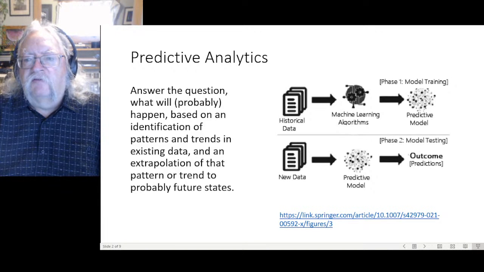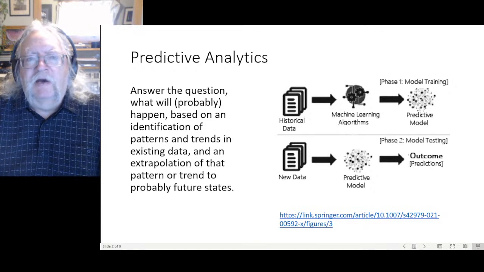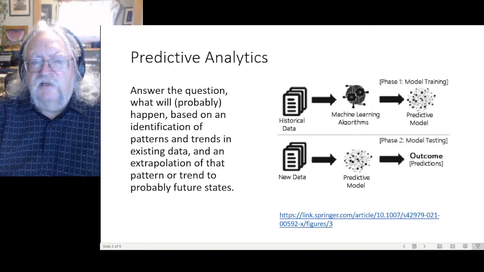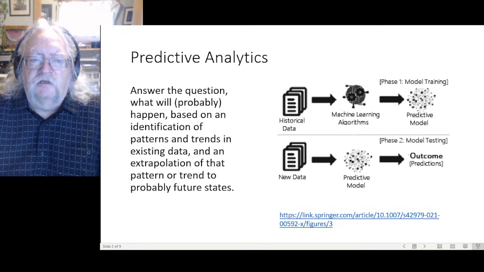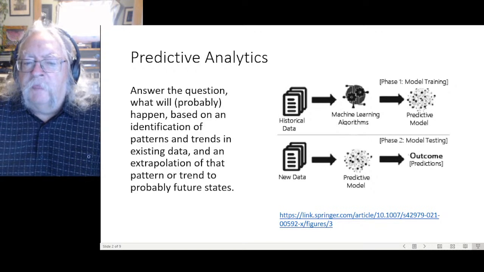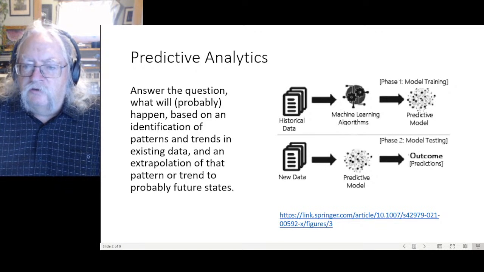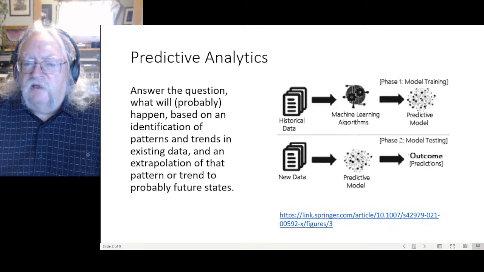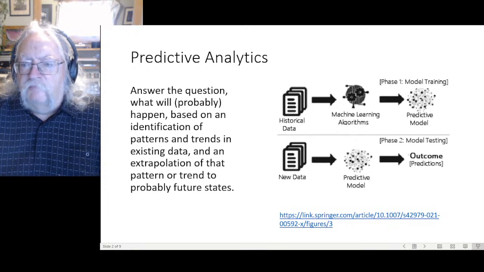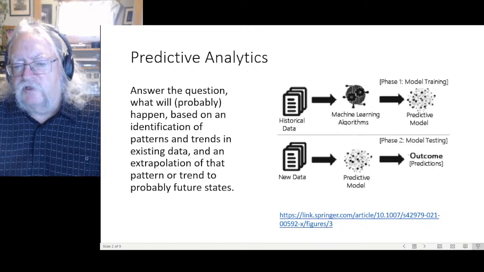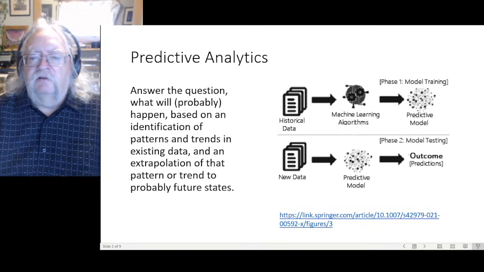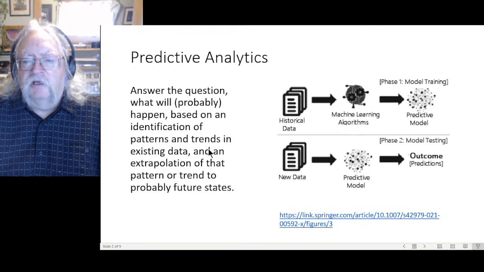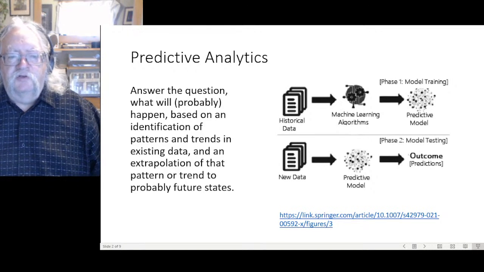So the first phase is to identify the patterns and the trends in the existing data, and that's a lot of what we were doing with descriptive and diagnostic analytics. The second stage, which is new, is that we take the predictive model that we created in the first stage and we add new data to it, and the outcome of that application is a prediction of some sort.